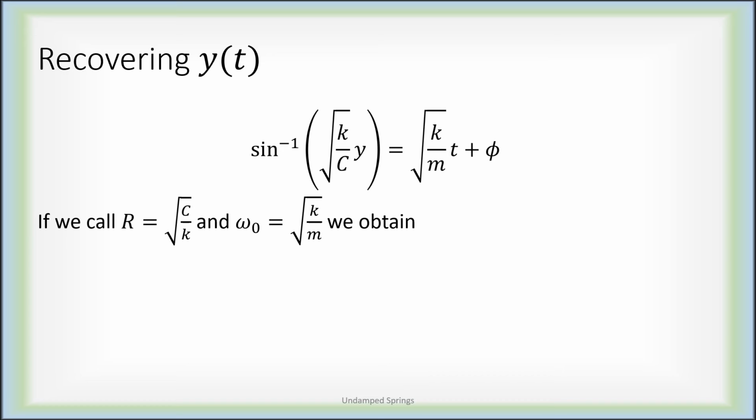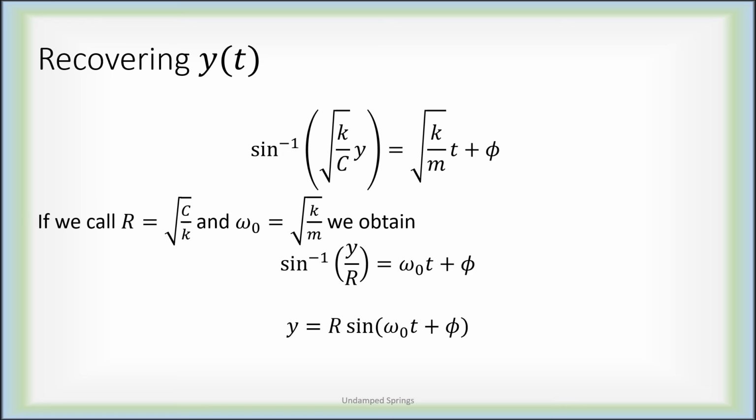I'm going to call capital R the square root of c over k, and I'm going to let omega sub 0 be the square root of k over m. So this is just the typical way to do it, but notice I let R be the reciprocal of this. So inside this parenthesis, I now have y over R. This was exactly omega naught, so we get omega naught t plus the constant phi. But now I can take a sine of both sides and multiply that R across.